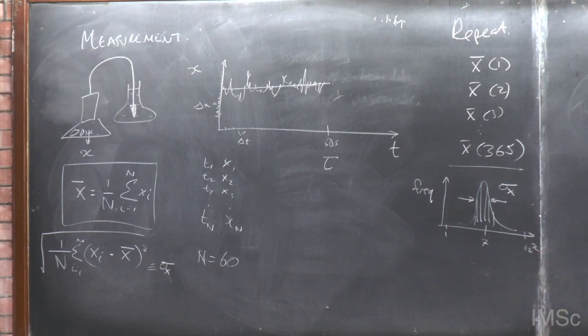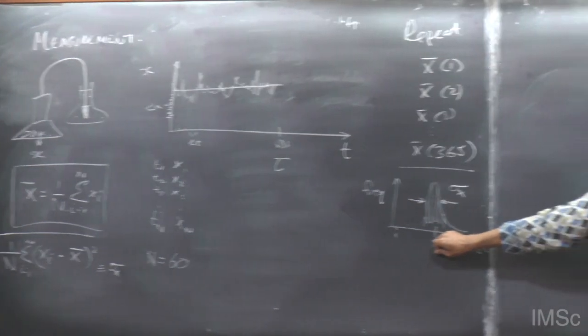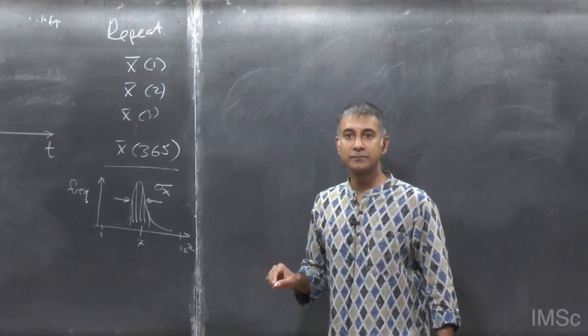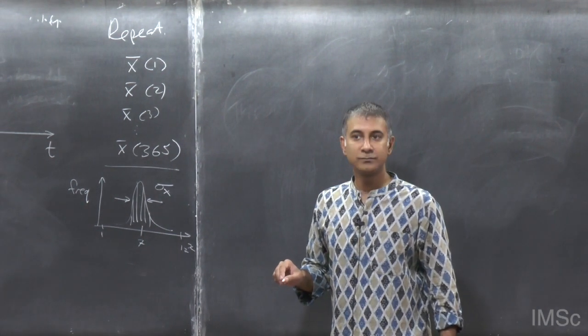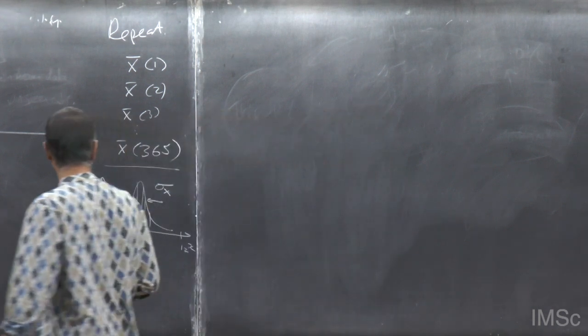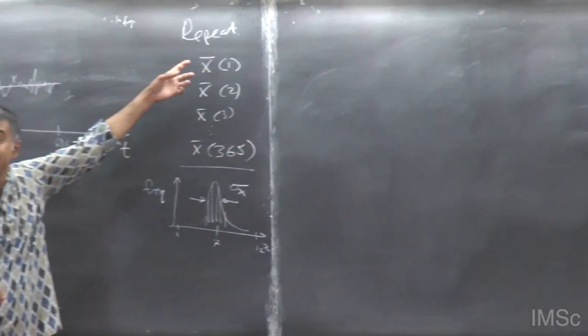So I can then say what is good enough for me. Good enough for me is if this width is less than 1% of the average of these things. I'm taking another average now.